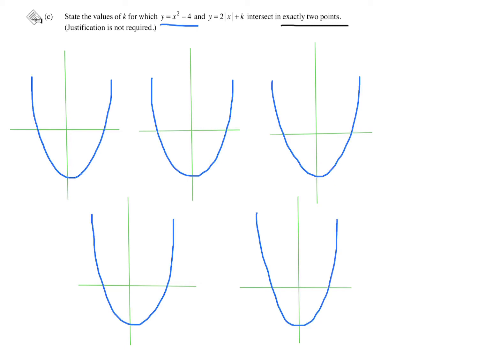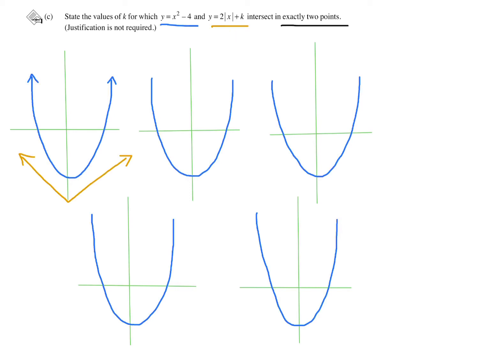Now what changes, of course, is this guy right here. That's going to be several scenarios, so we'll go through each scenario. The first one is when it's all the way down here. If that's the case, these two are never going to intersect, because this is going to go all the way up, and the orange one, which is this graph right here, is not going to ever intersect.